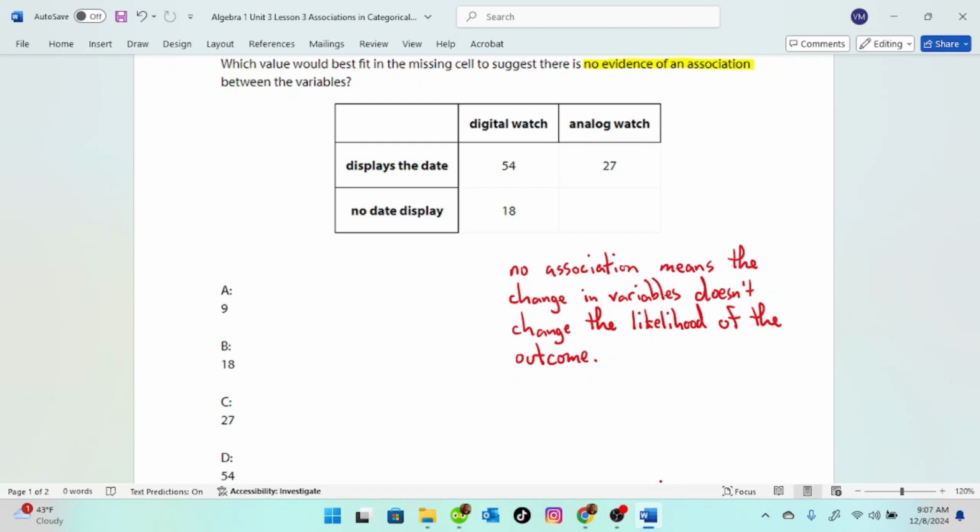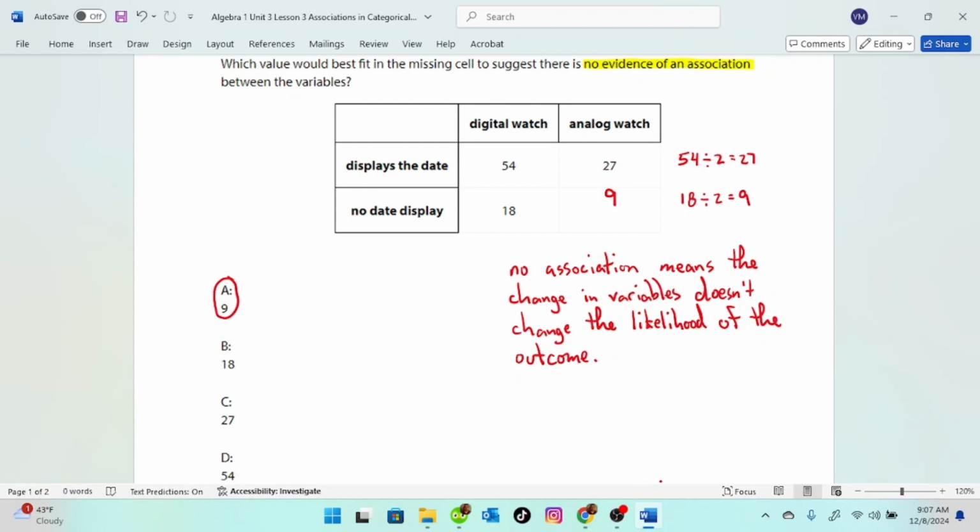I should see twice as many digital watches not displaying the date as I do analog watches not displaying the date. So if 54 divided by 2 equals 27, then 18 divided by 2 equals 9. And that would match answer choice A.